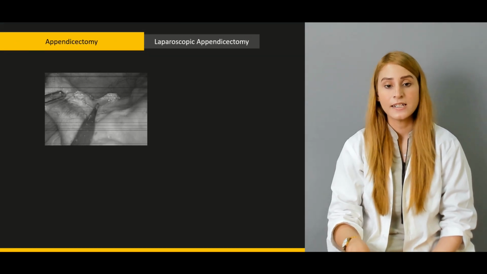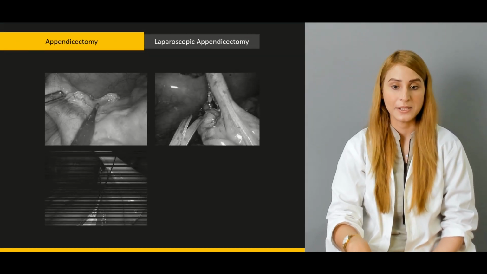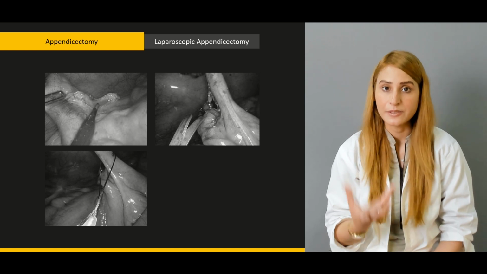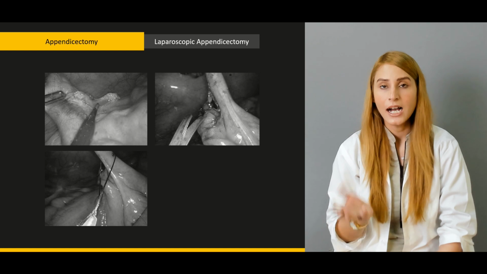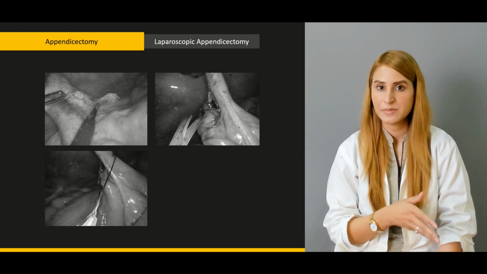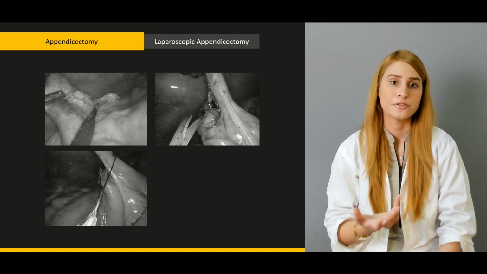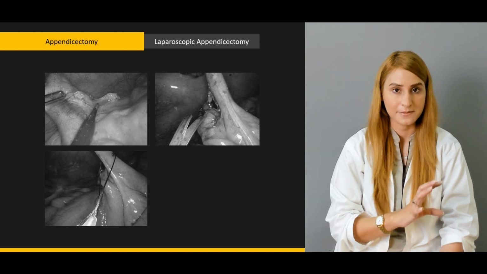So in case of the laparoscopic appendectomy, let me tell you that laparoscopic appendectomy is the most common procedure, because open appendectomy was the conventional procedure and used to be performed in previous years.